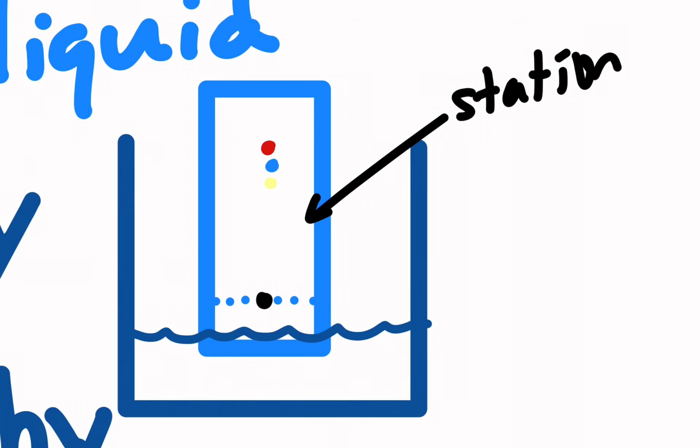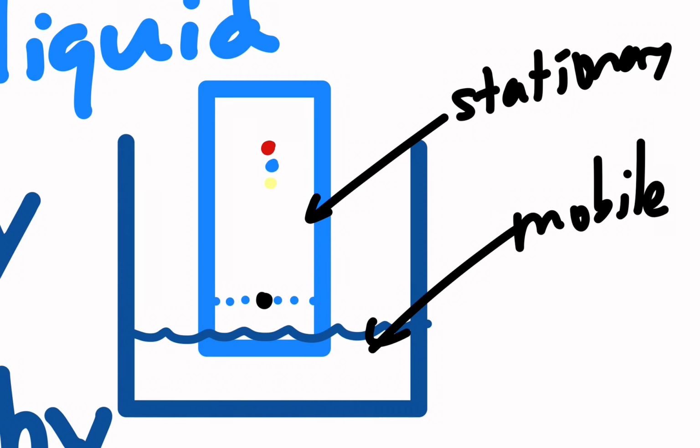We went into a lot of detail about polarity and how it relates to these things, but all you really need to know is that it's a way of separating a mixture into its components, and it's all about affinity for the stationary phase versus the mobile phase. That's what those things are called. We have a stationary phase, meaning the paper, versus a mobile phase, which is almost always a liquid.